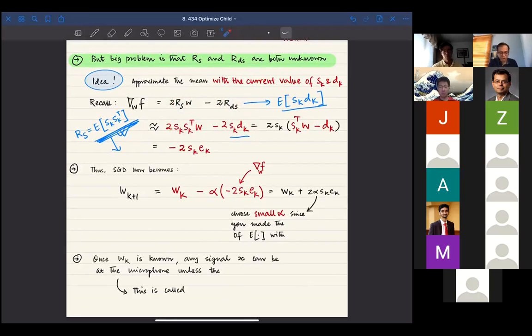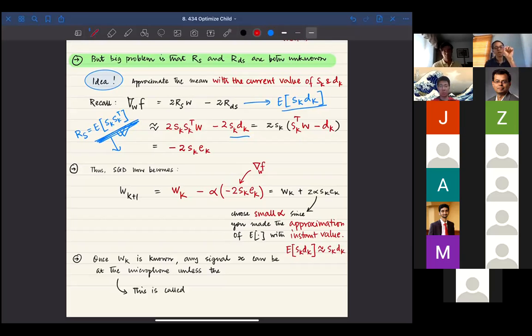So you choose a small alpha, since you made the approximation of the expectation with the instant value. You made E of SKDK only SKDK.